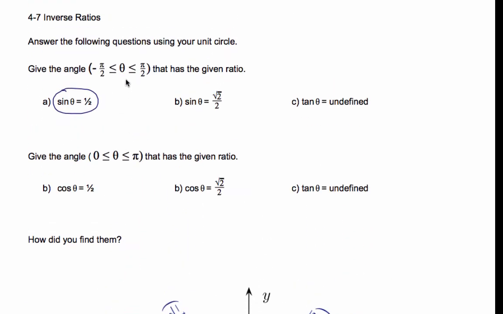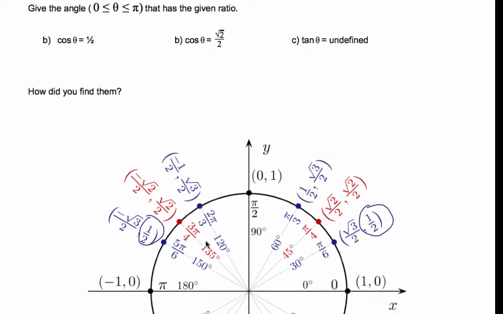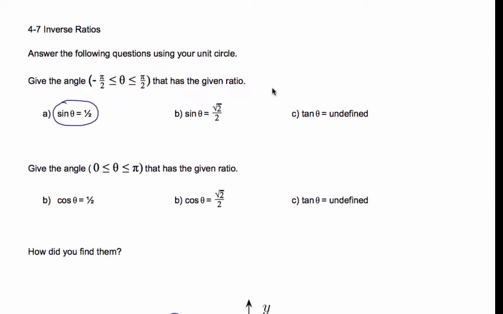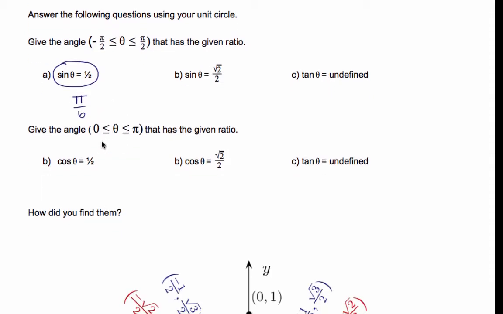The qualifier was between negative pi over 2 and pi over 2, so that's pi over 6, because this other one is not. Negative pi over 2 is down here to pi over 2, so the right half of the unit circle. The answer would be pi over 6. That is the angle whose sine is 1/2. That's arc sine.